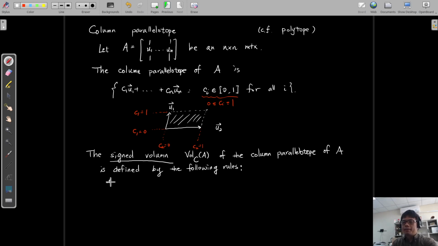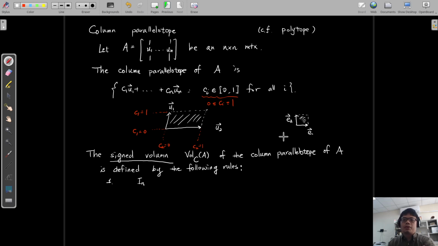Rule number 1. If you have the identity matrix, and you can imagine what the columns of an identity matrix are. It is the standard basis of a space. So for example, you have e1 and e2 here, right? What is its parallelotope? It is a cube.